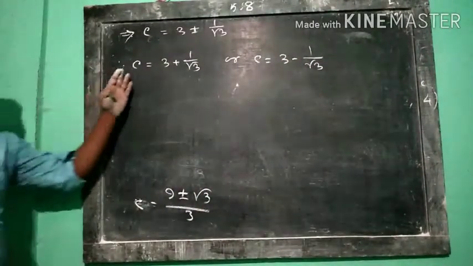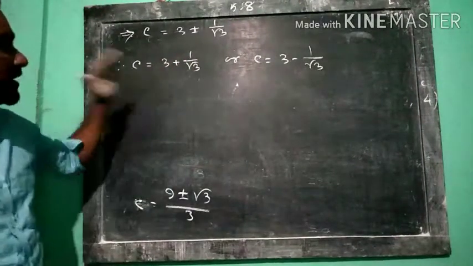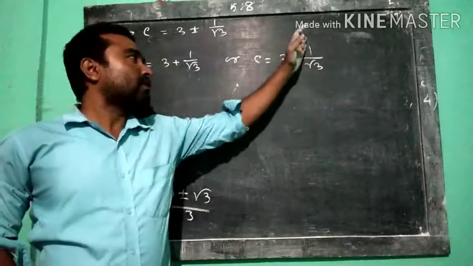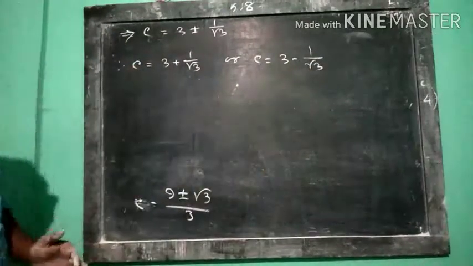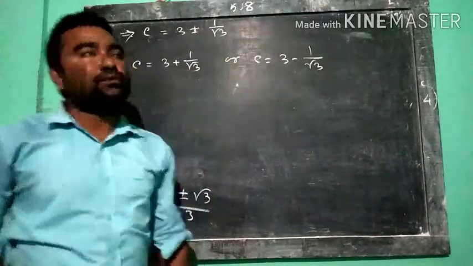So we get the values of c, 3 plus 1 by root 3, which is less than 4, and 3 minus 1 by root 3, which is also less than 4 but greater than 2.